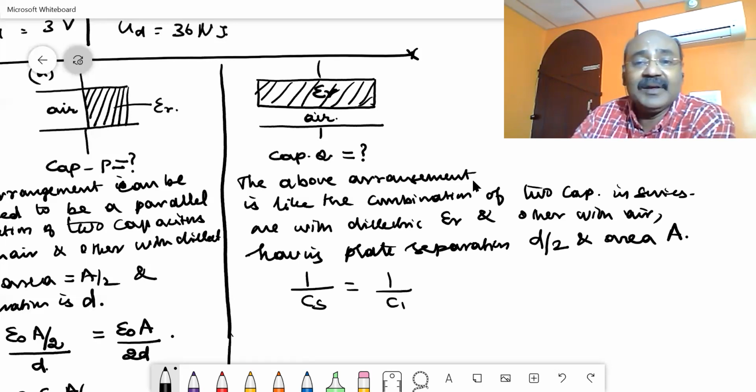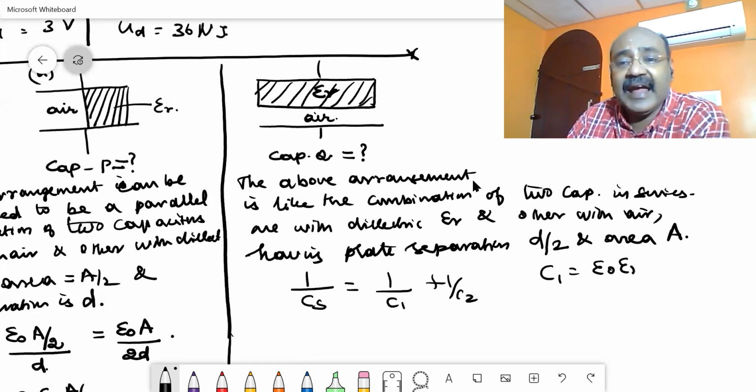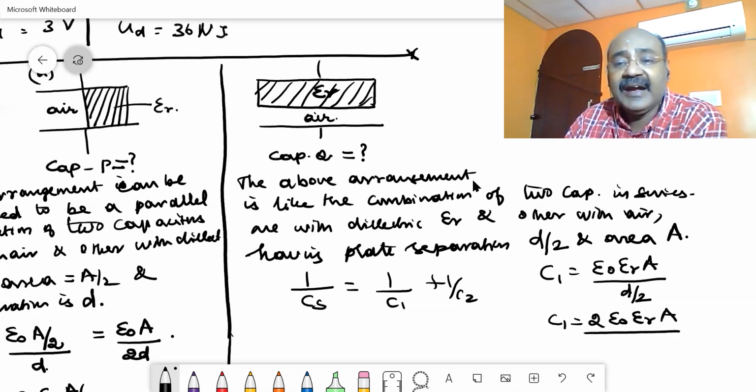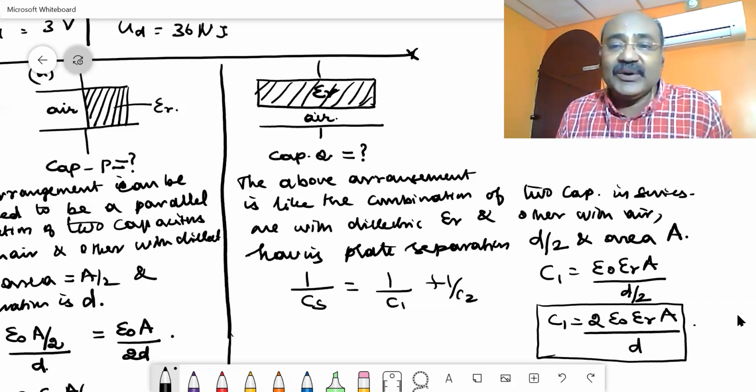What is C1? C1 is epsilon 0 into epsilon R into A divided by D by 2. Take this to the numerator. You will be getting 2 into epsilon 0 into epsilon R into A divided by D. This we are taking as C1. Then you go for C2. What is C2? C2 is with the air medium.